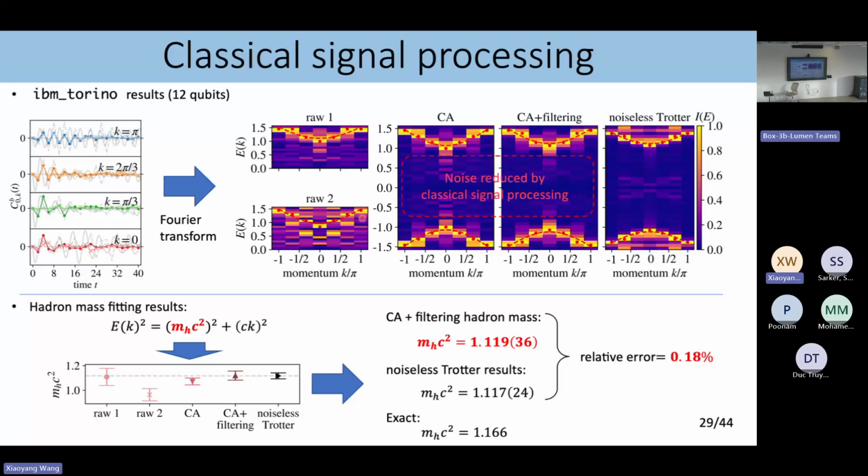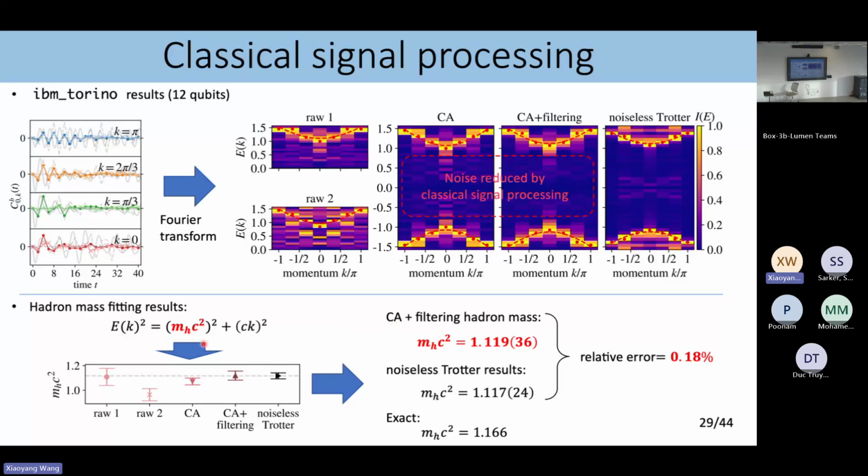And to quantify the effect of the signal processing method, we fit these energy peaks using this hadron dispersion relation, where MC square is the hadron mass.